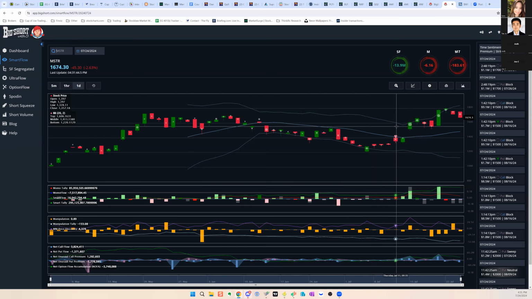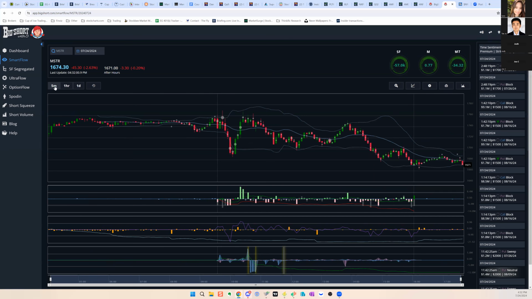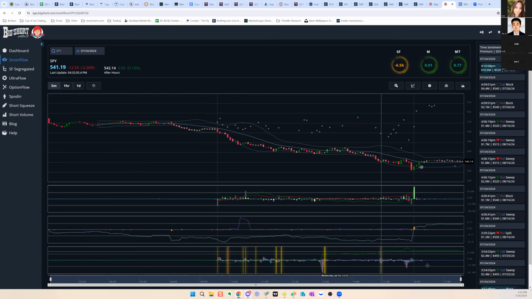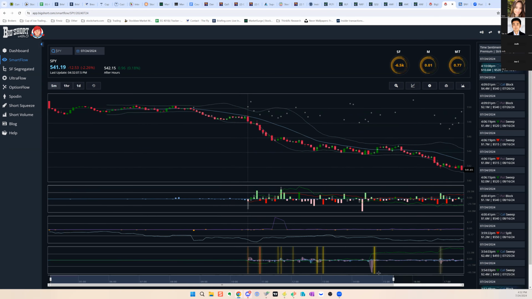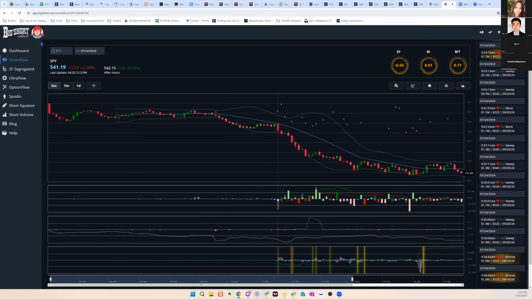How can I look it up really fast? What are the 2 to 3 things y'all validate on the chart before you make the trade? Can we take SPY today as an example, please? Well, SPY should be a dead giveaway. Literally, they just threw the entire kitchen sink at this one. They had dark pools above. They have the bronze sweep. They have the NOF, the purple NOF indicating puts are being bought at the beginning.